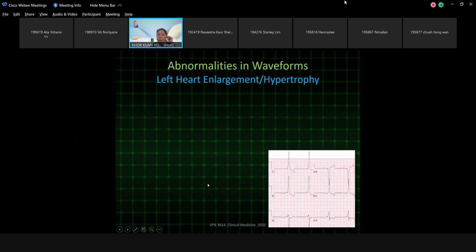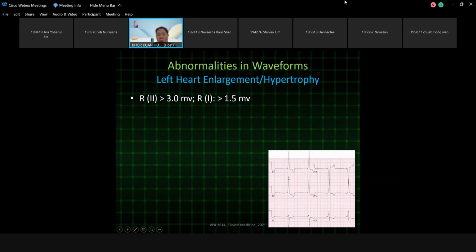Okay, left-sided heart enlargement, then you'll be saying, Dr. Khor will say left-sided disease. So correct. Can you see that in the ECG trace, the P is there. Alright, the P is there. And then you got a very tall R amplitude.